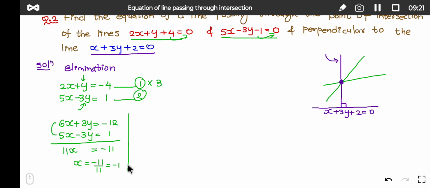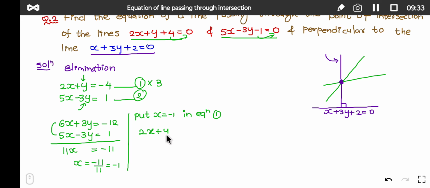Now let us put x is equal to minus 1 in equation number 1. So 2x plus y is equal to minus 4. If we put x is equal to minus 1, we'll get 2 into minus 1, minus 2, plus y is equal to minus 4.